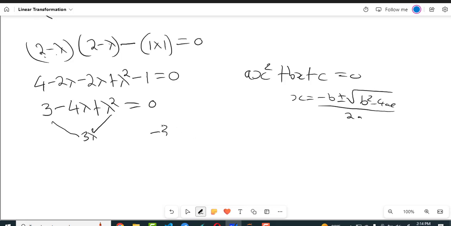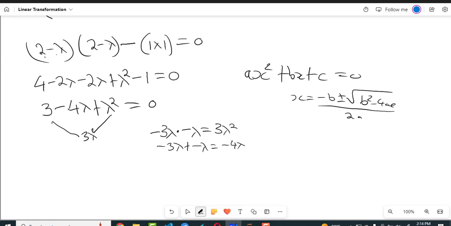So minus 3 lambda times minus lambda is equal to 3 lambda squared. Minus 3 lambda plus minus lambda gives us minus 4 lambda.